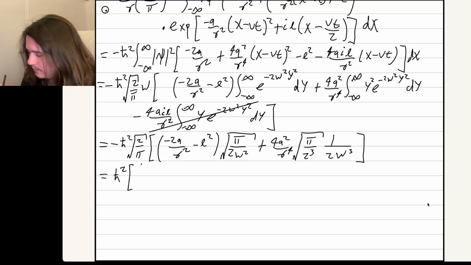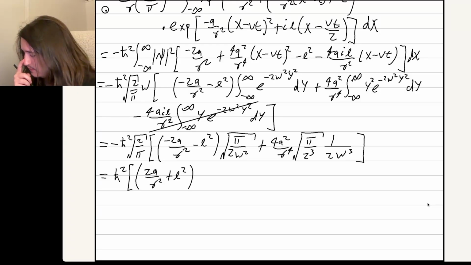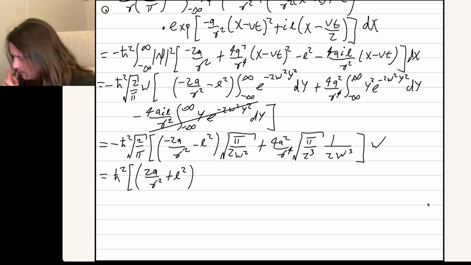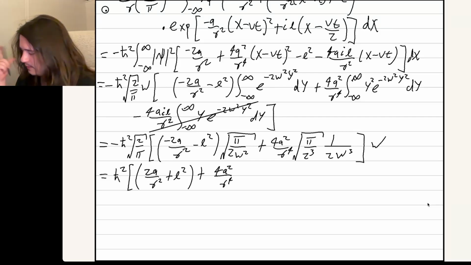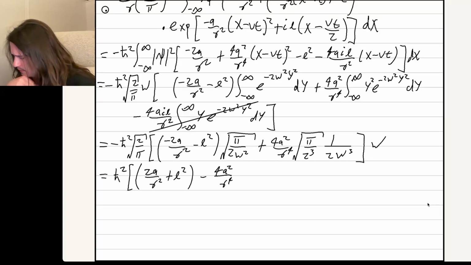So we'll have 2a over gamma squared plus L squared, and that's it. And there should be a factor of w out here that I dropped. I'll just stick it over there. Plus 4a squared over gamma fourth, and it's a minus sign now because we moved the minus sign in, and it's over 4w squared.